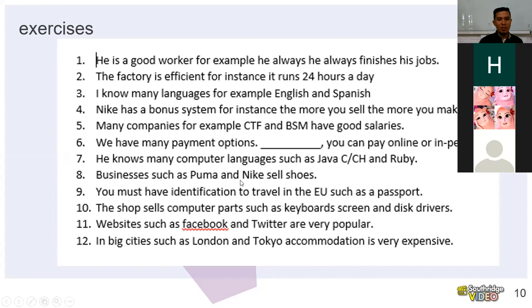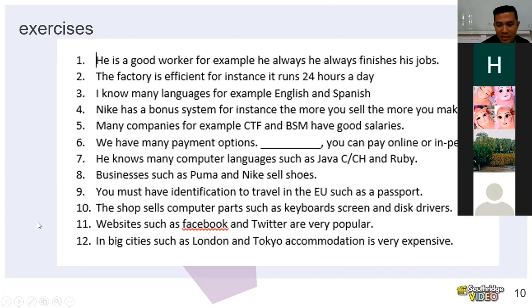Nah, itu tidak membutuhkan koma. Because why? Because the detail or the item is very important. If you drop the items here or the details, it will change the meaning. So artinya di sini adalah bisnis seperti tidak semua bisnis menjual sepatu ya. Cuma Puma dan Nike yang menjual sepatu yang dimaksud di sini ya.